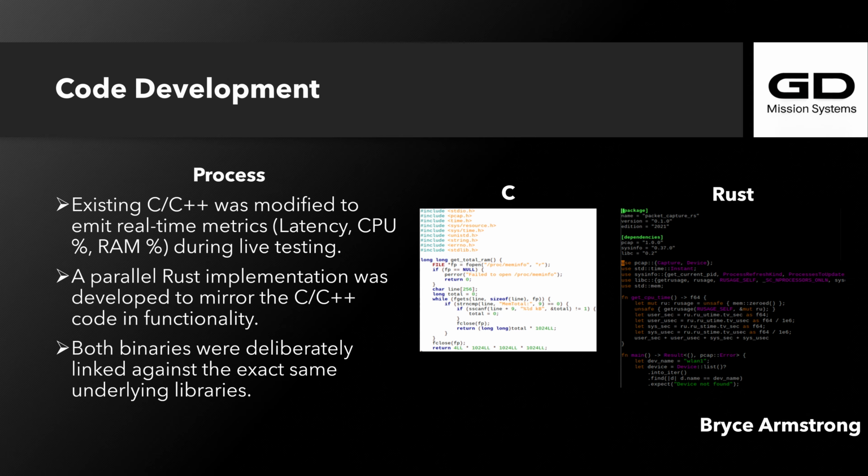During the design process, existing C and C++ code was modified by each team member to produce the desired metrics, being latency, CPU, and RAM utilization during iteration testing. Rust code was then developed to mirror the functionality of the C and C++ code. This required local installation of compatible cargo builds to perform functions monitoring performance metrics identical to the call functions executed in C and C++.